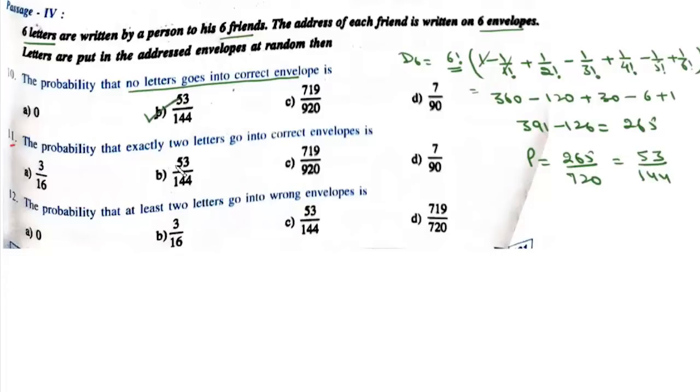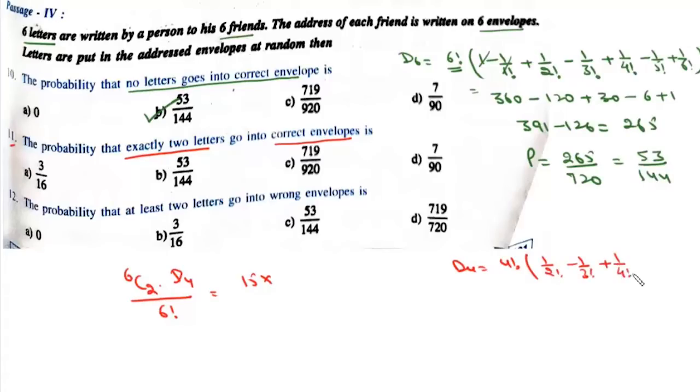Now the next one is the probability that exactly 2 letters go into correct envelopes. Now which 2? From these 6 we have to select these 2. So it will be 6C2 into derangement of 4 letters, D4, divided by the total, which is factorial 6. Now 6C2 is 15 and D4 is factorial 4 into 1 upon factorial 2 minus 1 upon factorial 3 plus 1 upon factorial 4.